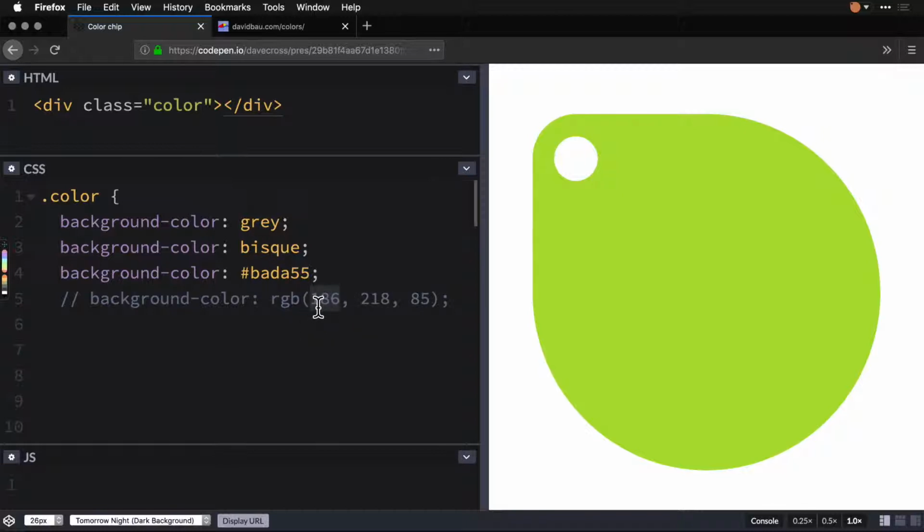And again, it works, but 186 as a red, 218 as a green, 85 as a blue. Mixing these colors in my head is an impossible dream. So if you take a guess right now, what is 186, 218, 85? It's a trick question because it's actually the exact same green.